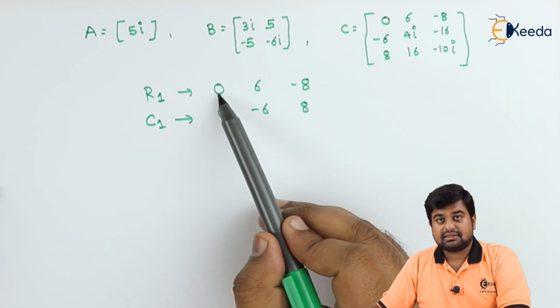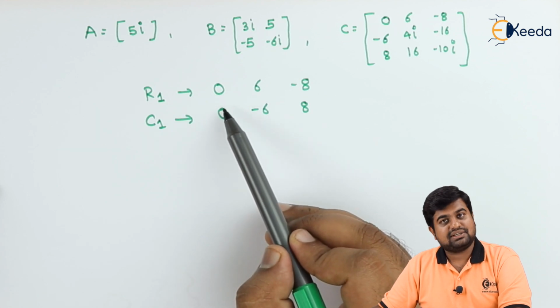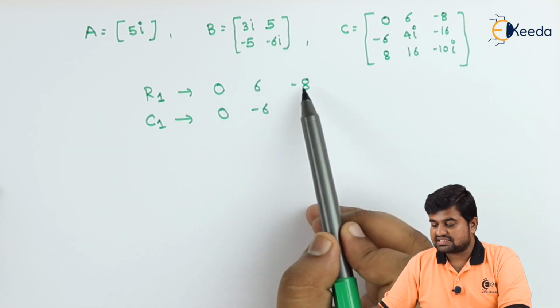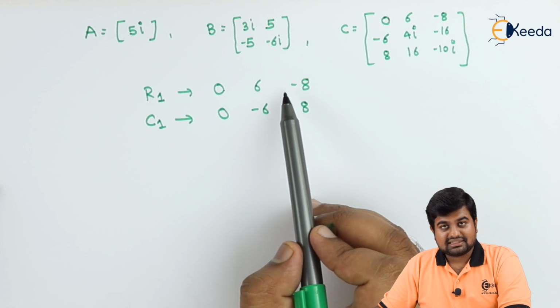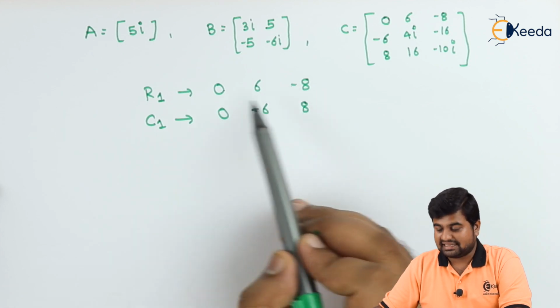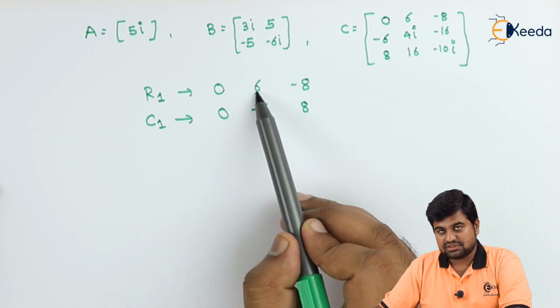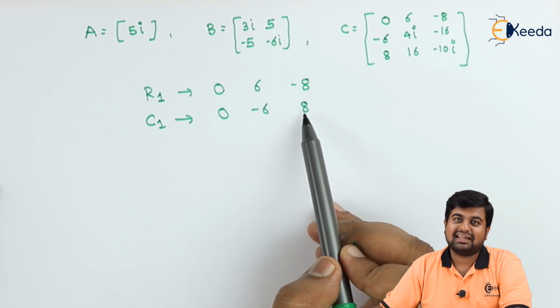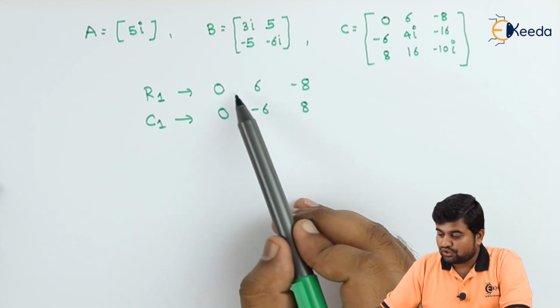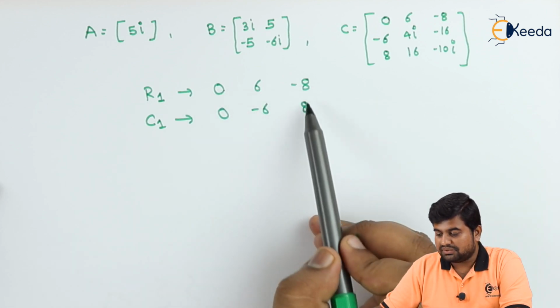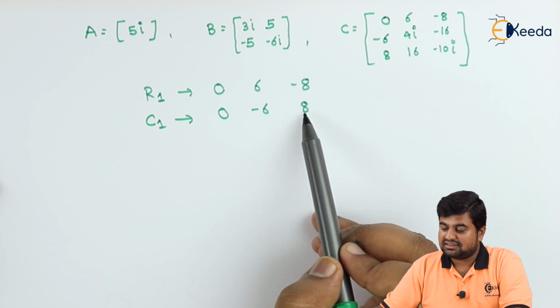These elements are nothing but aij and aji: 0, 0, 6, 6, 8, 8, but it is also following the minus sign. Minus 0 is 0, 6 and minus 6, minus 8 and 8, and also following the conjugate, all real numbers, and the conjugate is going to be the same.